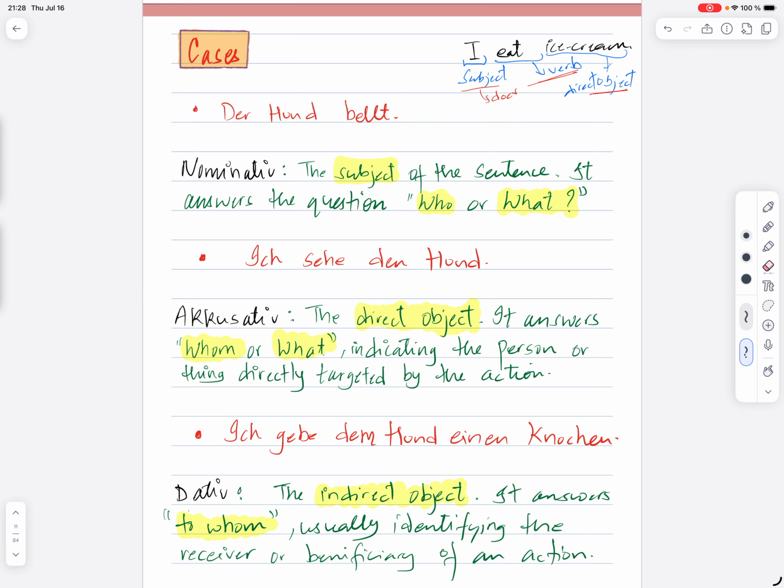In a similar way, for German sentences we have the subject, verb, and object. For a simple sentence, for example, we say: der Hund bellt. This translates to English as: the dog is barking.